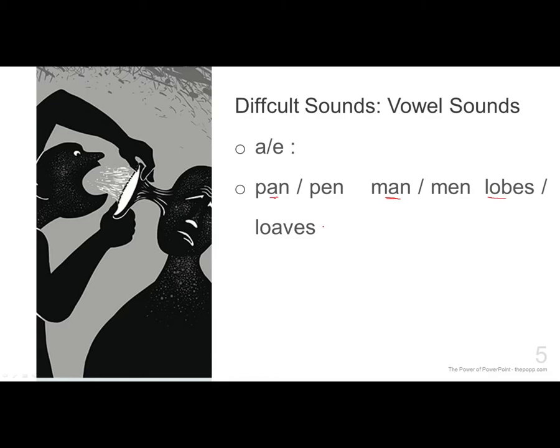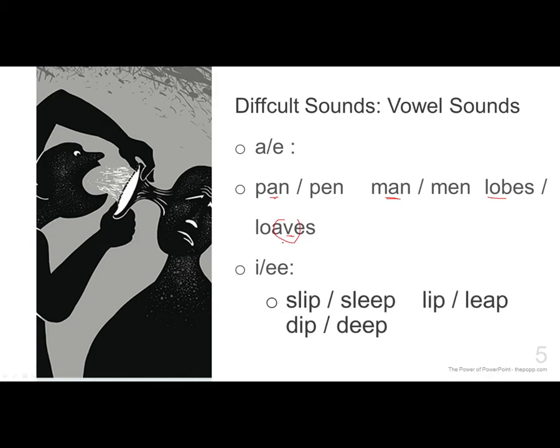Lobes, loaves. Of course, the V sound is non-native. The fricatives aren't native to Korean, so Koreans have a harder time with that. So we'll have to bear that in mind as we practice and as we're going to teach these in the future.